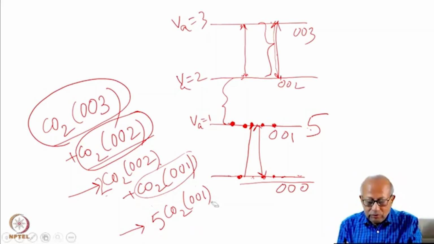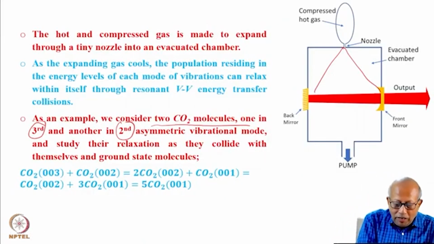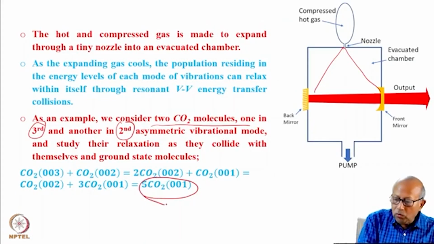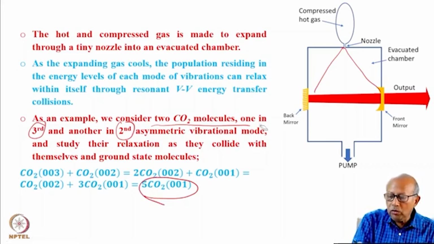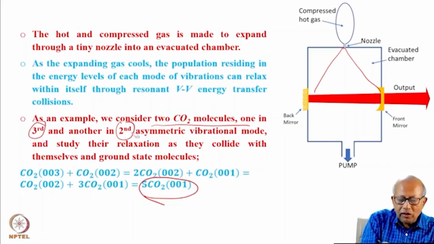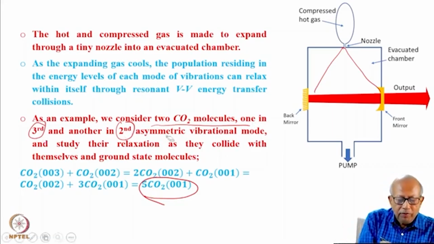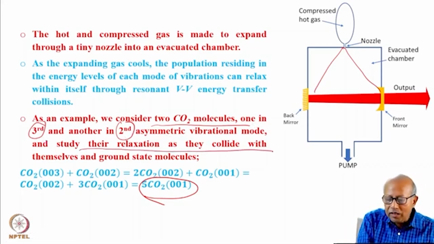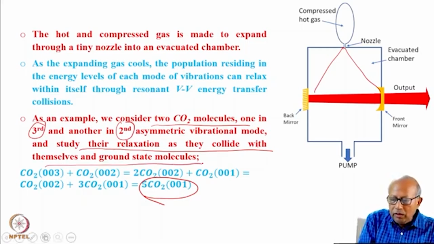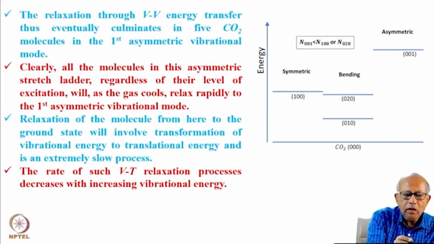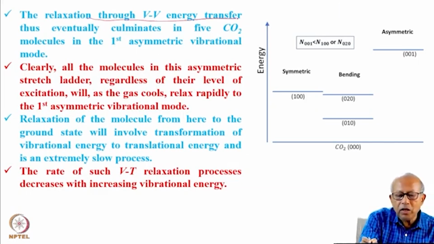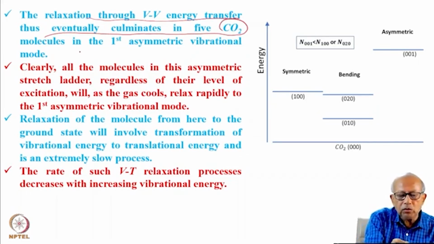So as an example, you consider two CO2 molecules, one in the third and the other in the second asymmetric vibrational mode, and study their relaxation as they collide with themselves and ground state molecules. So then you have the relaxation through VV energy transfer. This eventually culminates in the 5 CO2 molecules in the first asymmetric vibrational mode.